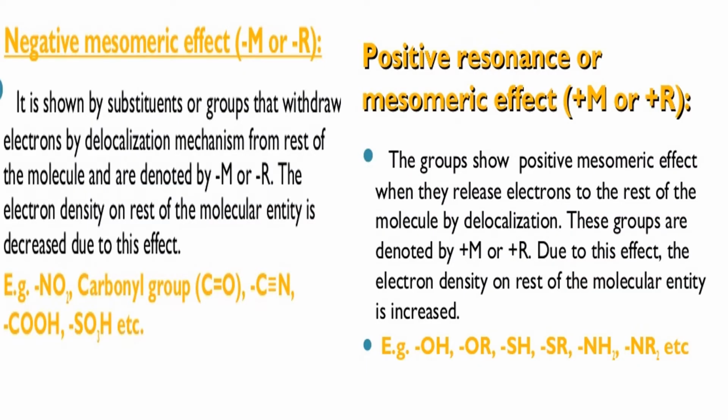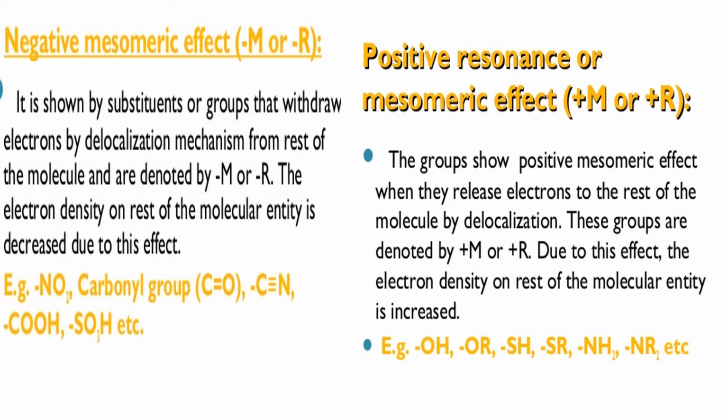There are two types of mesomeric effect, depending upon the nature of the group present adjacent to a multiple bond in a molecule. These are minus M or minus R effect and plus M or plus R effect.